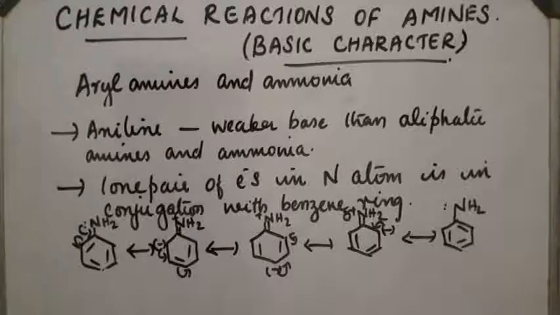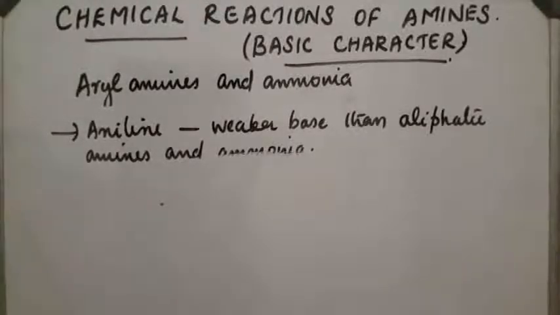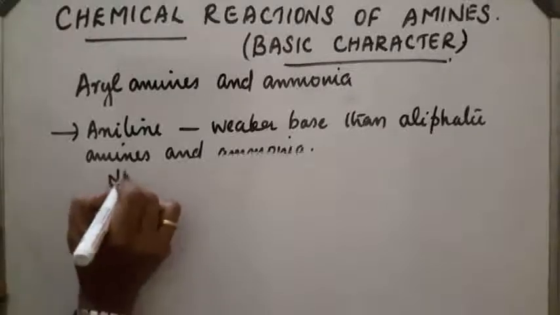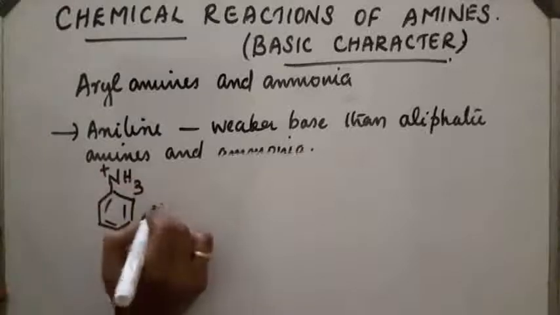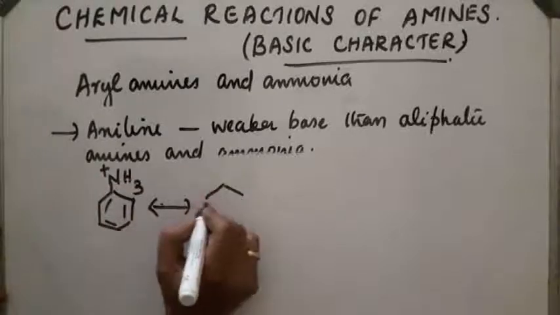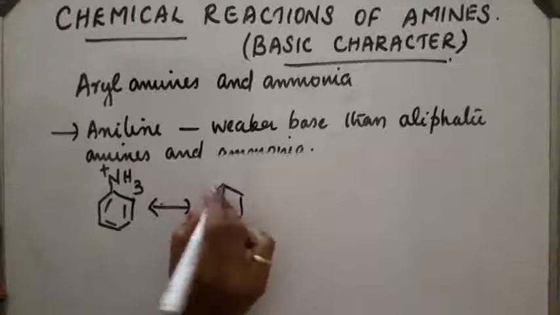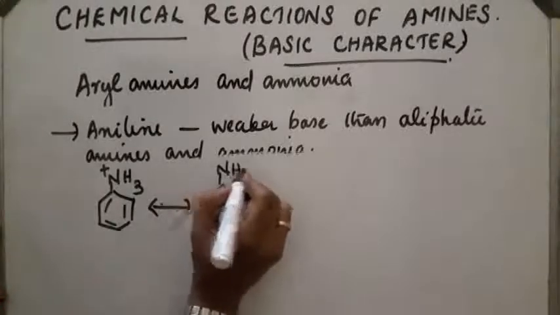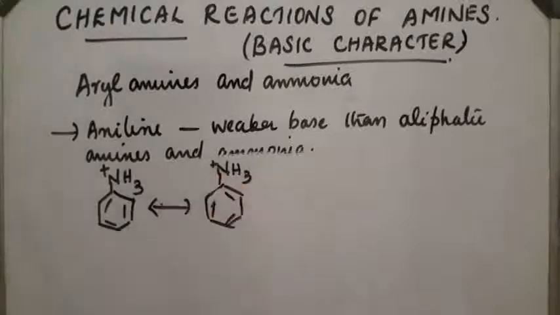Now also, if it is protonated, we will get the anilinium ion. The anilinium ion contains only 2 resonating structures, which means it is less stable. So protonation is very limited compared to aliphatic amines and ammonia.